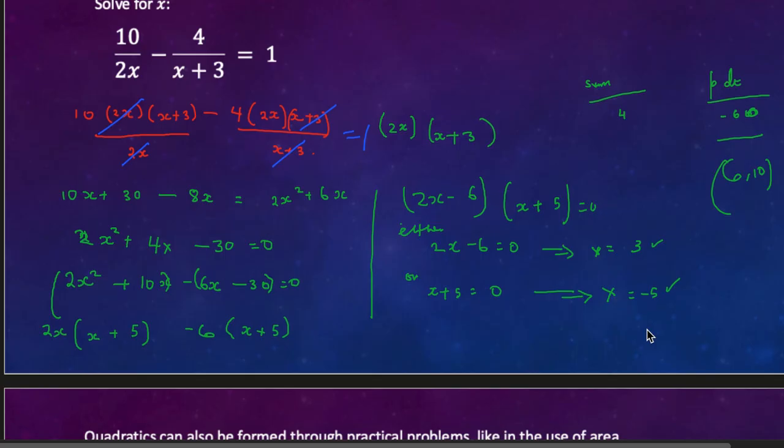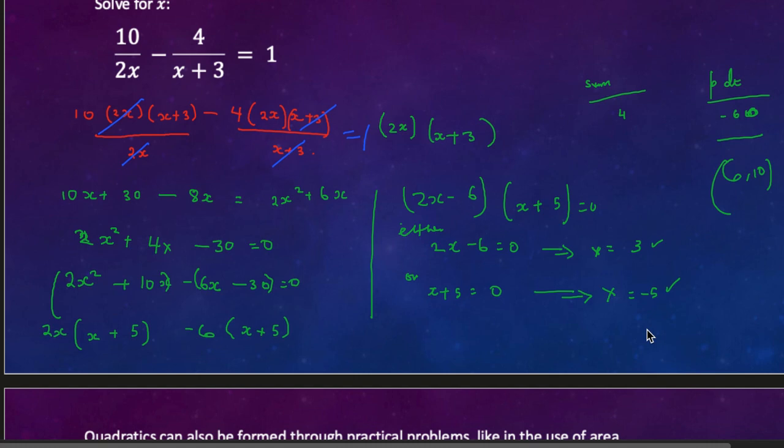Okay. Also, there is a quick way of checking if our answers are correct by putting them back in the equation to make sure that we can get what the equation gives. And I'll do that real quickly.